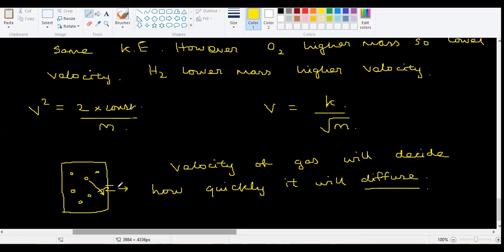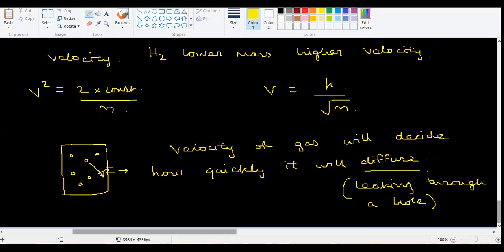It's nothing but how quickly it can come through a small pore. So the rate of diffusion depends upon the velocity. The velocity we found as k by root m. That means the rate of diffusion is proportional to 1 by root of m.